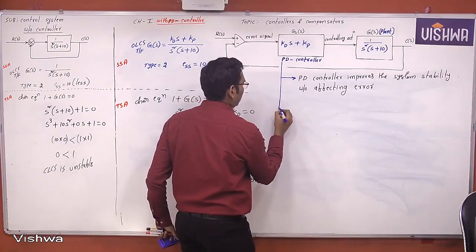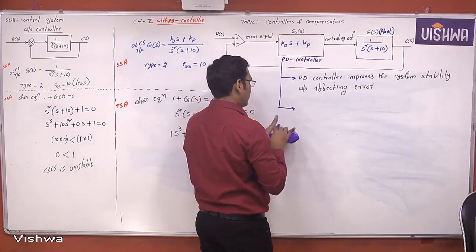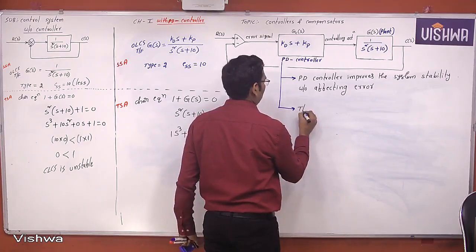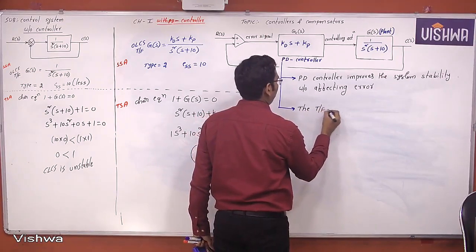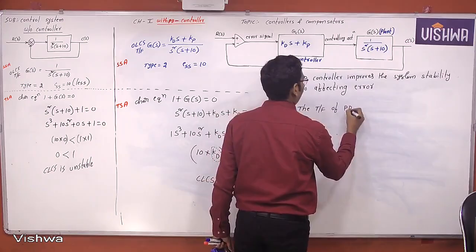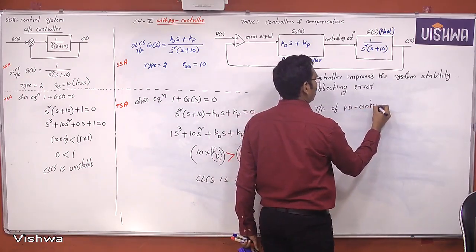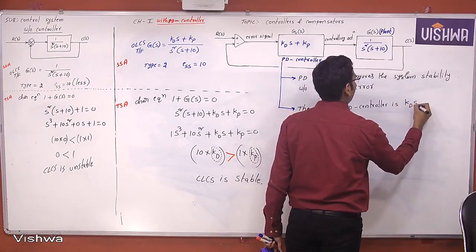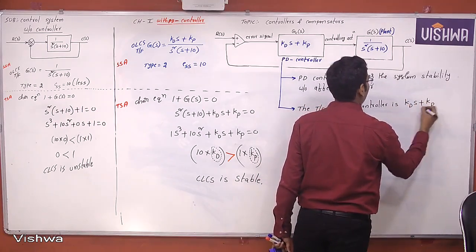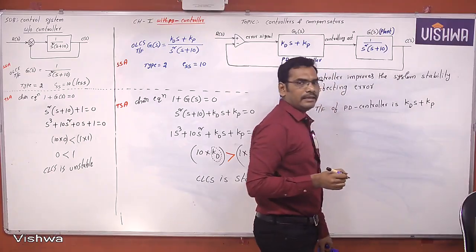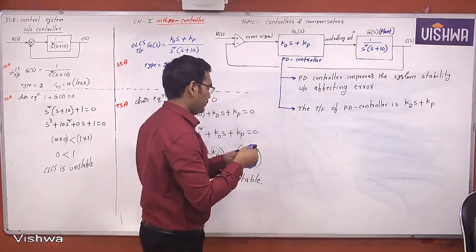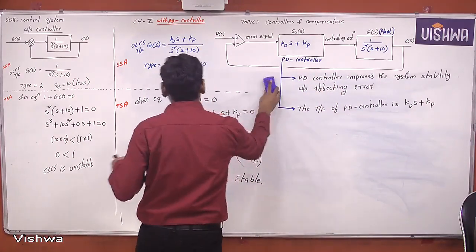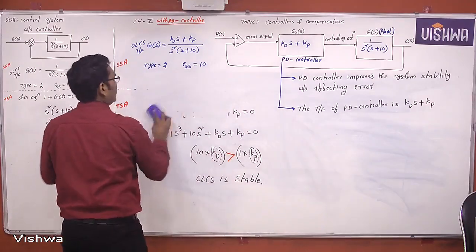And what is the transfer function of PD controller? The transfer function of PD controller is Kd into S plus Kp. And we will see the practical circuit of this PD controller also.